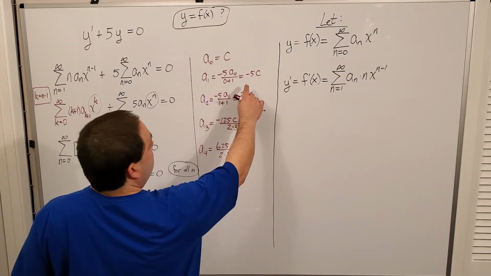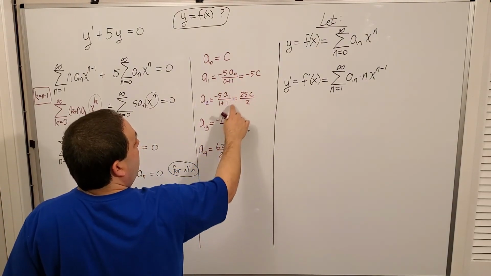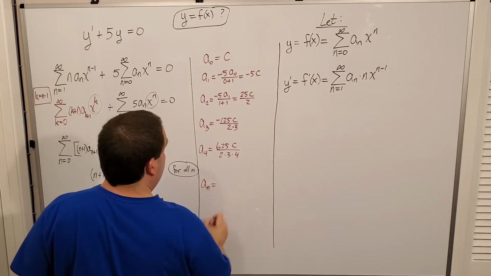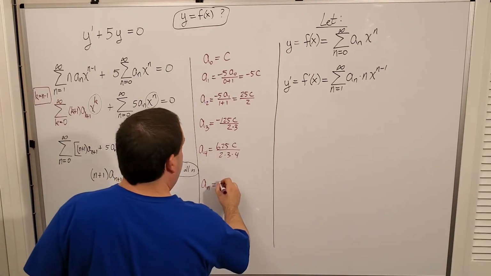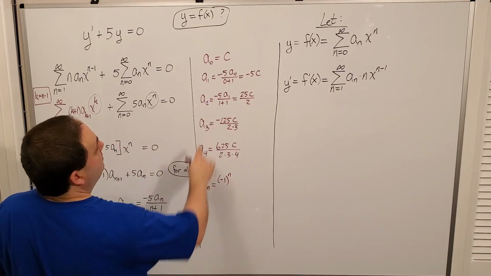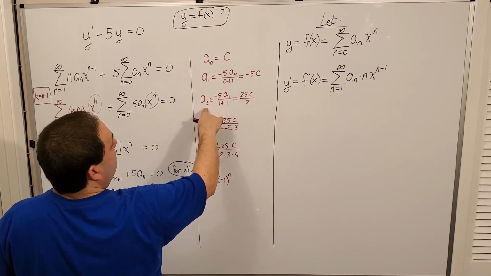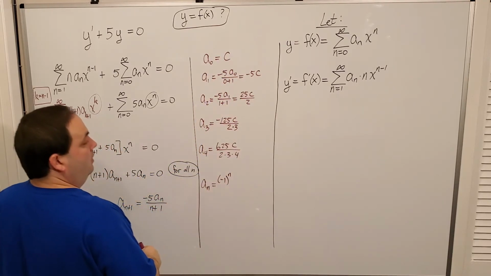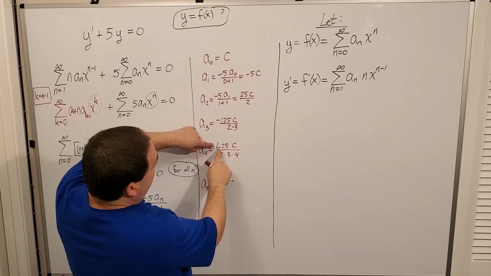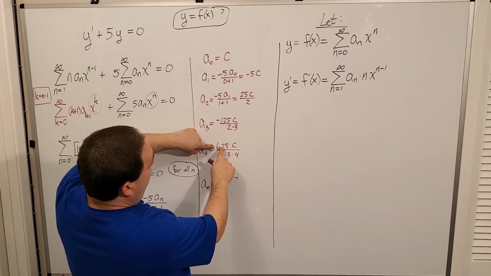They're alternating, right? I have positive, negative, positive, negative, positive. So A sub n, the most generic one, is going to be alternating, negative 1 to the n. And then A sub 4, this is 5 to the 4th power right here.